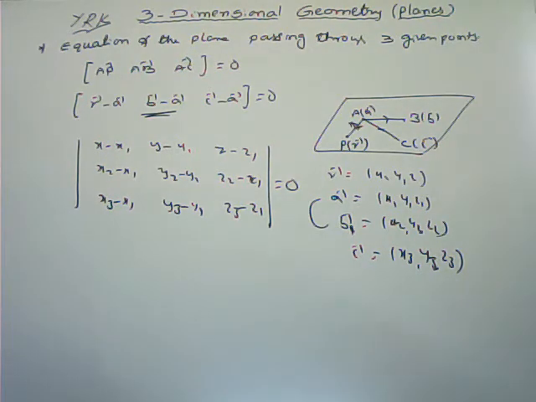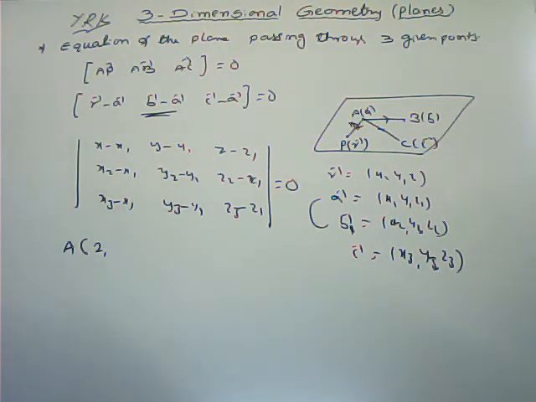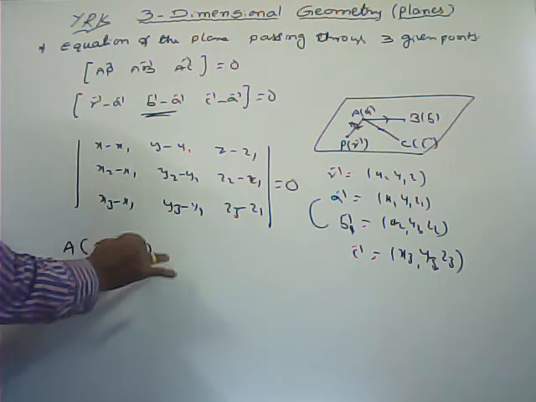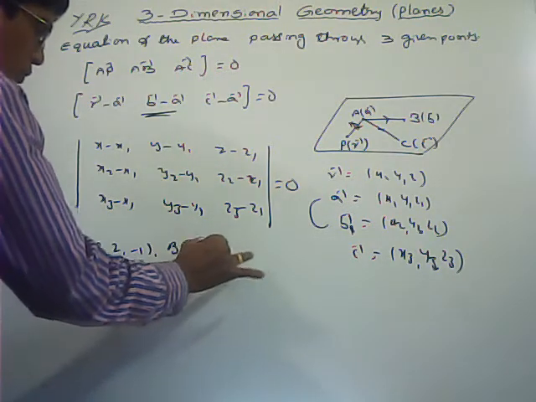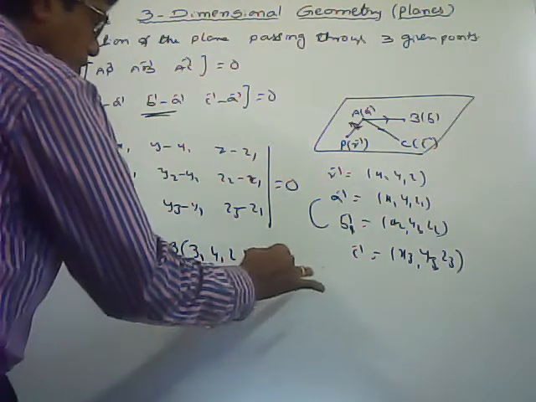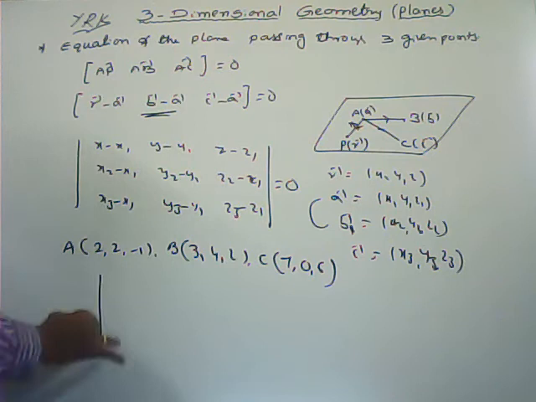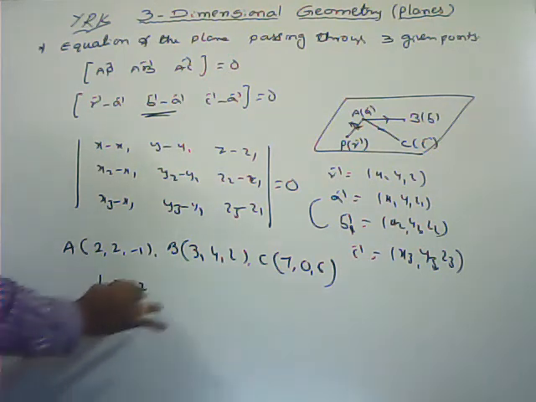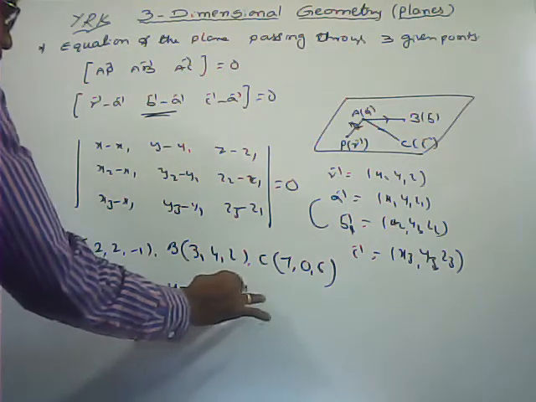Now here, find the equation of the plane passing through the 3 points: A point (2, 2, -1), the B point (3, 4, 2), and the C point (7, 0, 6). So the Cartesian form: x minus x1, y minus y1, z minus z1, that is z plus 1.